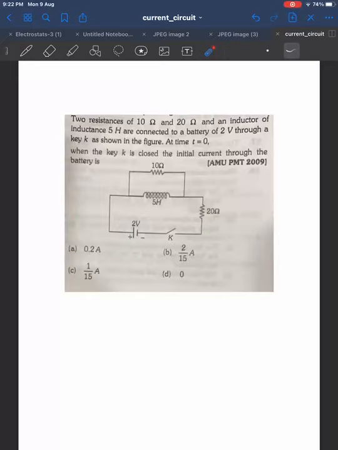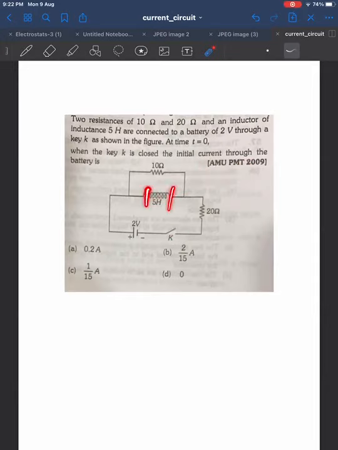So how will we take the impedance for the inductor and the resistor, because we haven't given the omega? Okay, so I'll tell you, we have done this logic in the EMI chapter. When the key K is closed, the initial current, as soon as the key is closed, we have done it in the chapter EMI. Initially, the inductor behaves like an open circuit, and after some time, it behaves like a closed circuit. So as soon as the key is closed, this inductor will act like an open circuit.